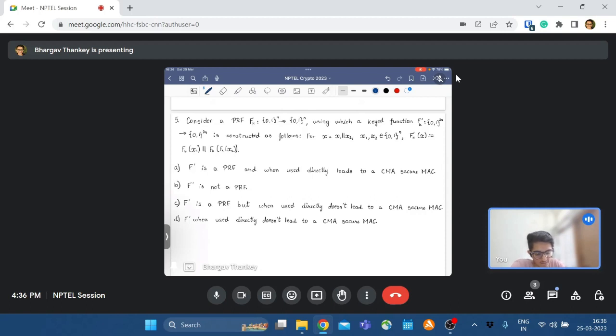The options are: A, f prime is a pseudo-random function, and when used directly leads to a CMA secure MAC. Option B is f prime is not a pseudo-random function. Option C is f prime is a pseudo-random function, but when used directly does not lead to a CMA secure MAC. And option D is f prime, when used directly, does not lead to a CMA secure MAC. So which of these are correct?